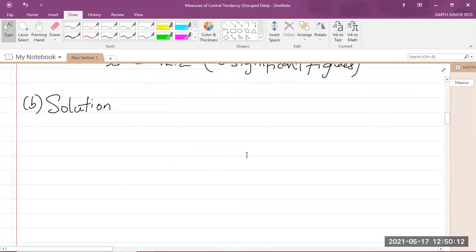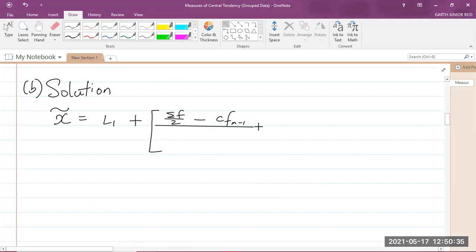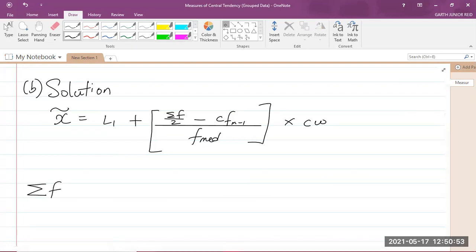So the median is equal to L1 plus the summation of f over 2 minus CF m minus 1, divided by the frequency of the median class, multiplied by the class width. So let's calculate the summation of f over 2 first. We'll always calculate that first.